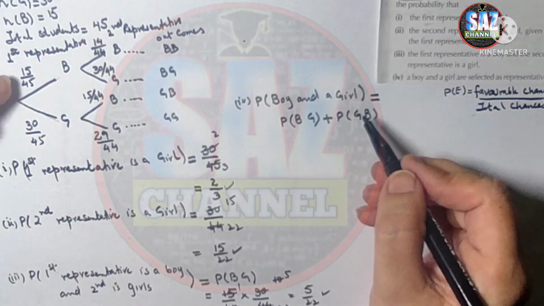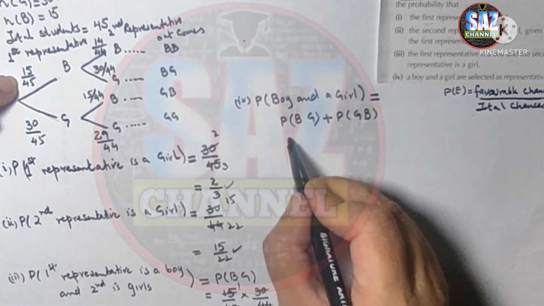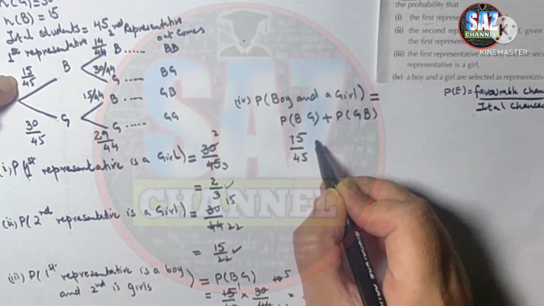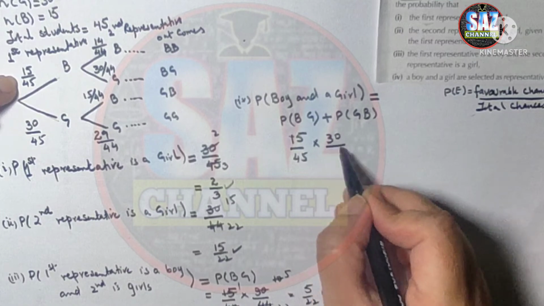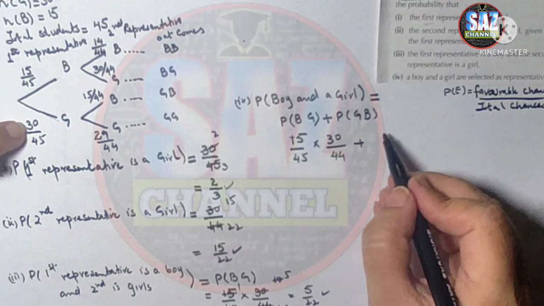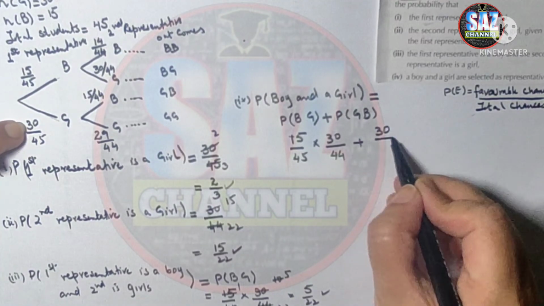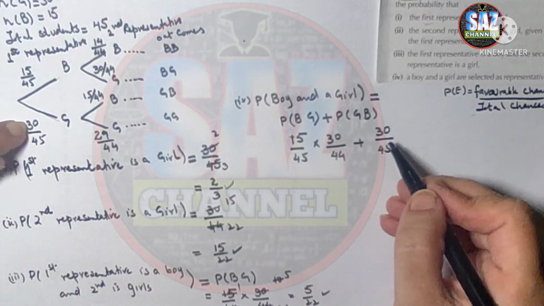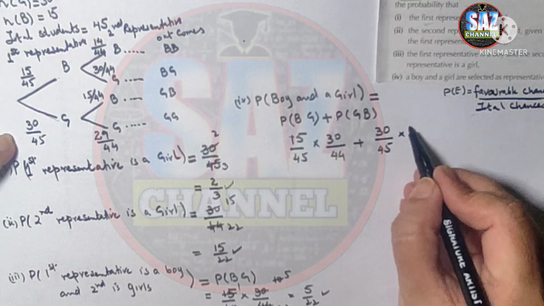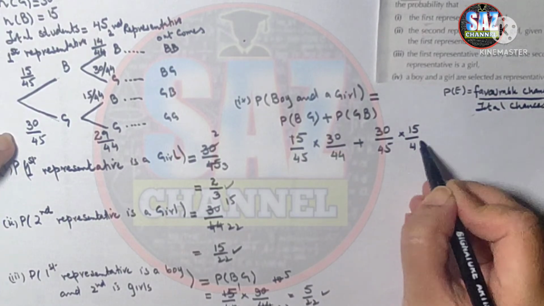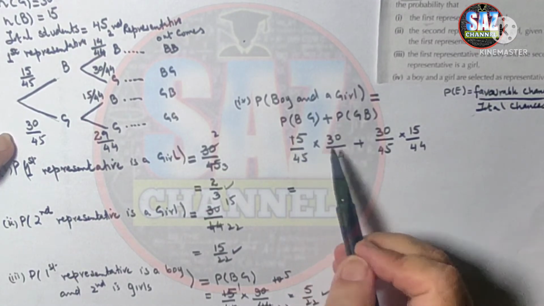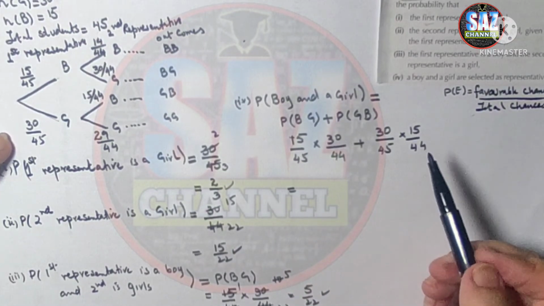Now the chance of picking a boy first is 15 by 45 and a girl later is 30 by 44, plus picking a girl first is 30 by 45 and the boy later is 15 by 44. Now in such situations you can see that the denominators are the same and the numerators are the same.